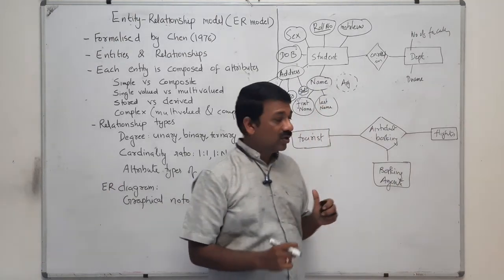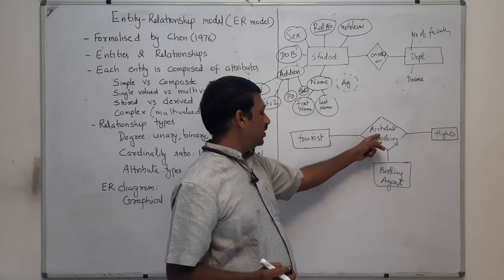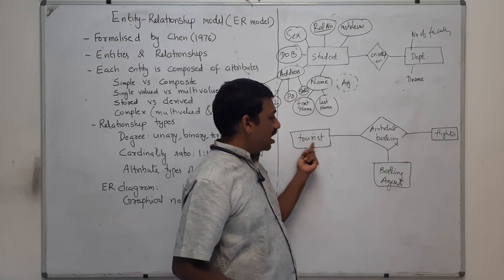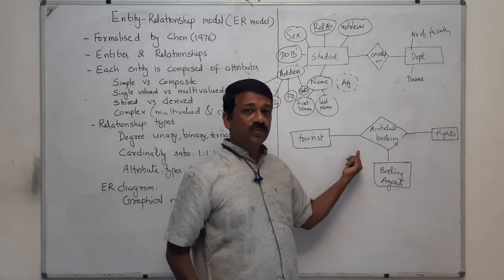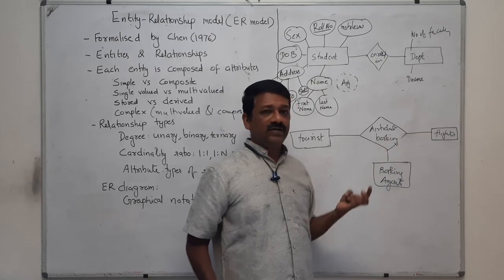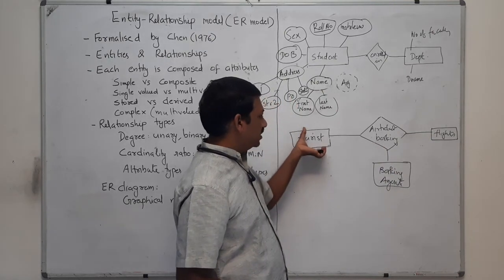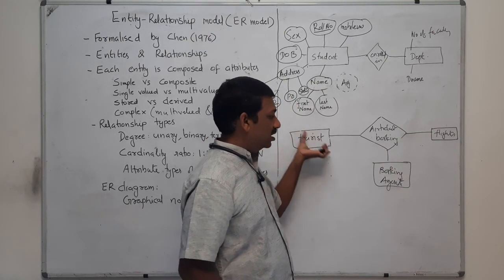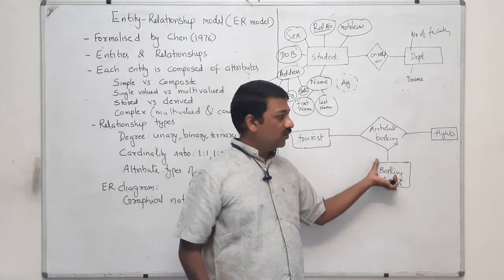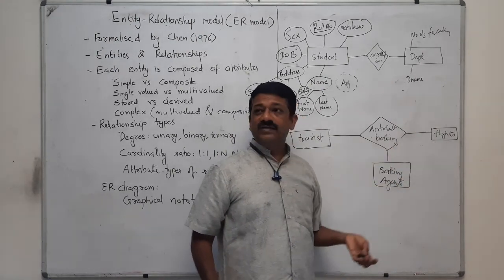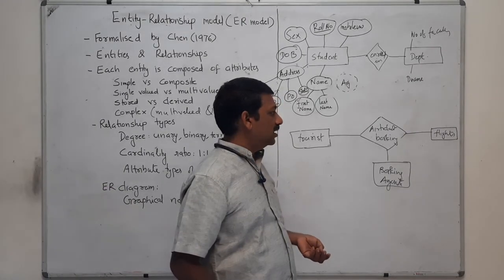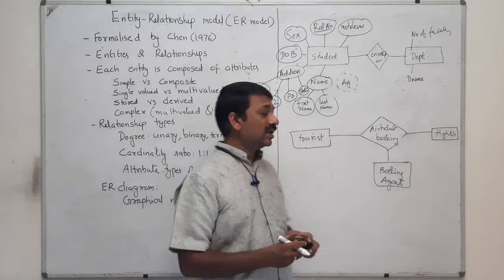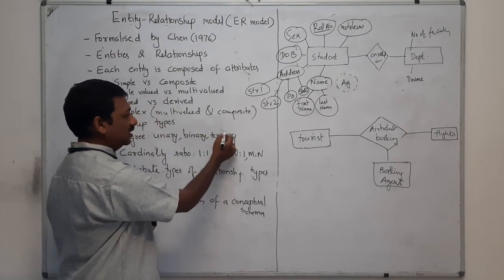Suppose that you are booking an air ticket, then what will happen? A tourist is approaching a booking agent and he is going to book a ticket in some flight. That means in that case, this tourist is a stakeholder, the booking agent is a stakeholder, and the flights database is another stakeholder. In that case, this is a ternary relationship.